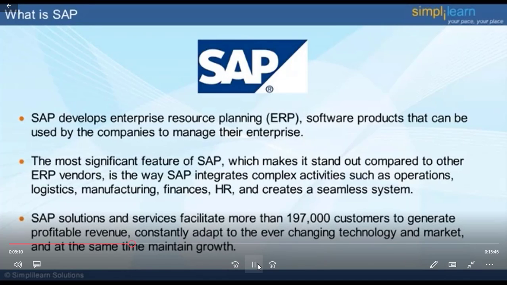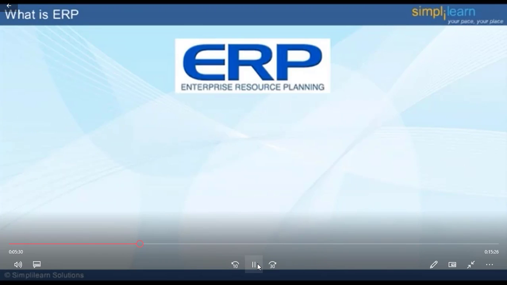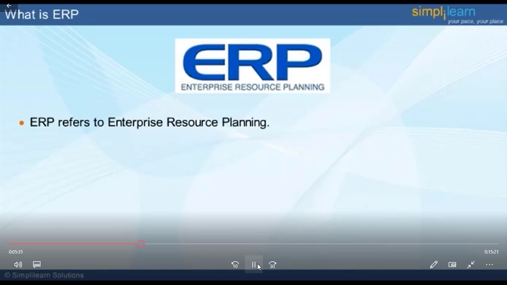SAP solutions and services facilitate more than 197,000 customers to generate profitable revenue, constantly adapt to ever-changing technology and market, and at the same time maintain growth. Next, let us learn about ERP. ERP refers to enterprise resource planning.